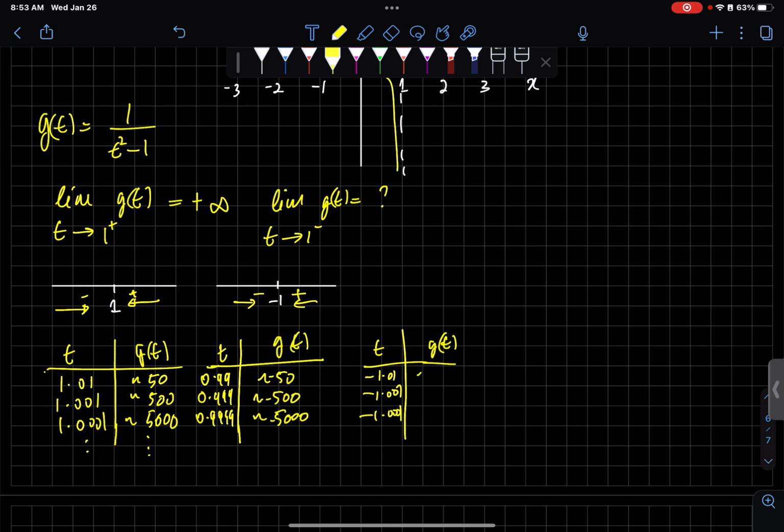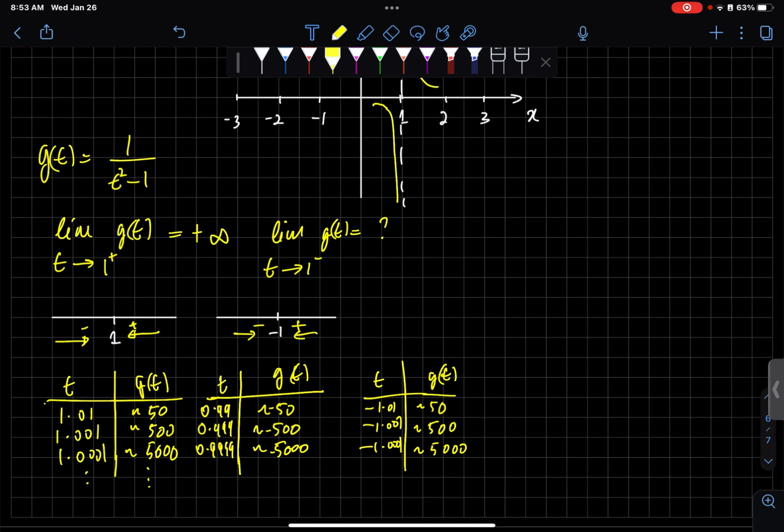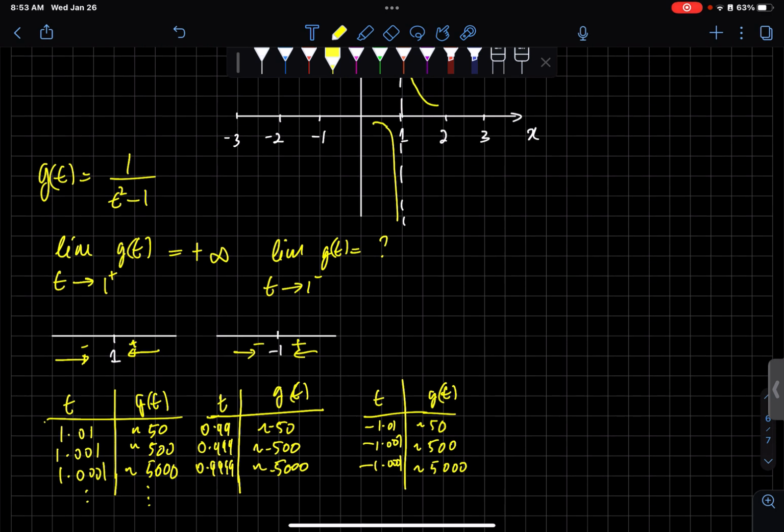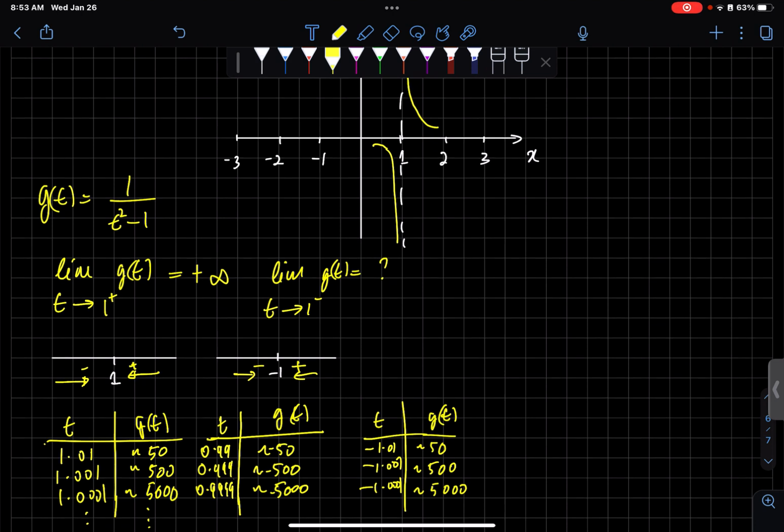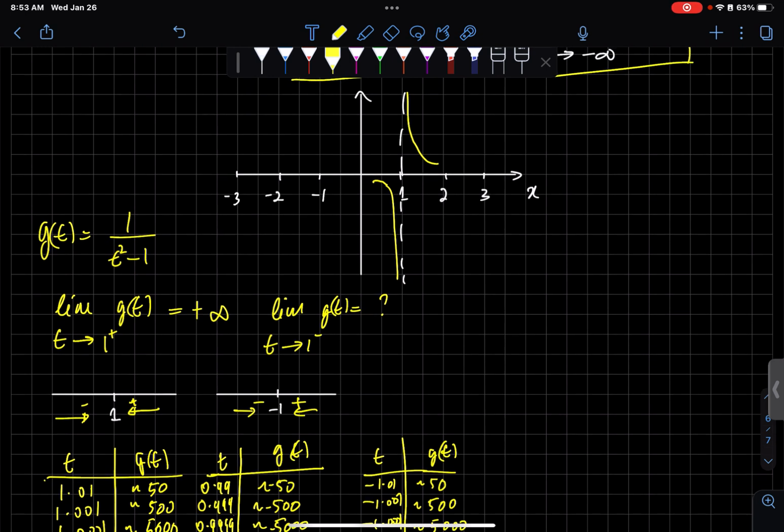So approximately 50 again, right? And then this is going to be approximately 500, and this is going to be approximately 5,000. As we get closer and closer to -1 from the left, this number shoots off to a large positive value.